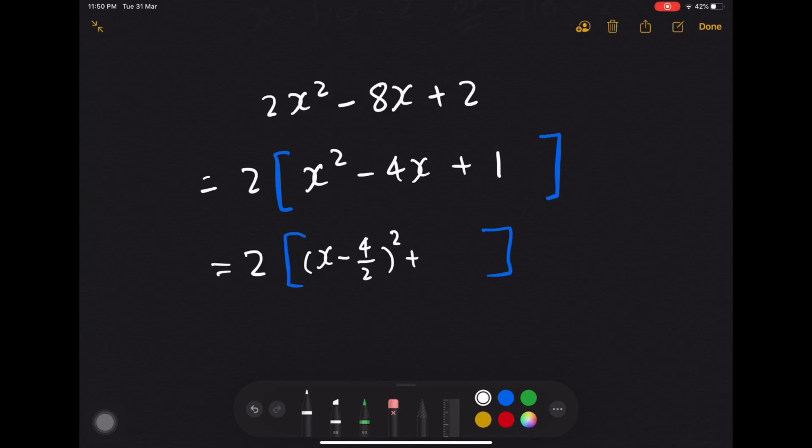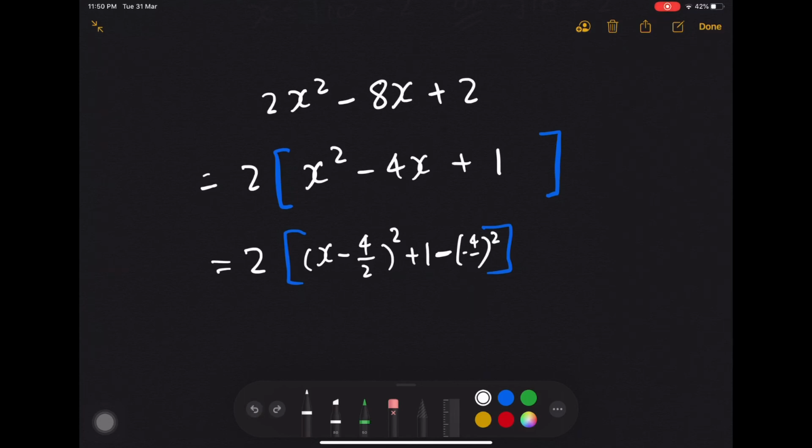Now we have a plus 1, copy paste, and this will always be a minus, take note of that. We put a bracket square, copy paste, minus 4 over 2. You don't have to worry about this because it's always positive, because it's a bracket square, so whatever you get will always be positive.